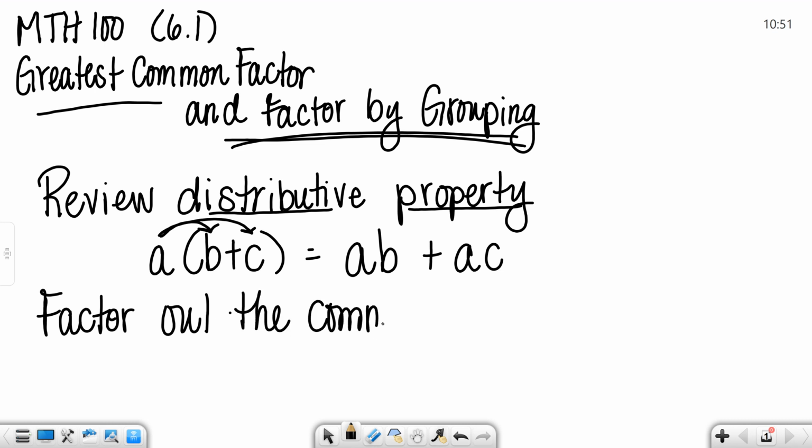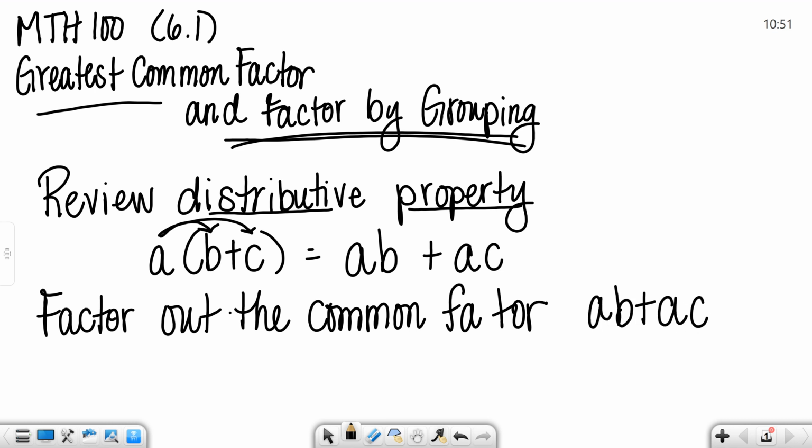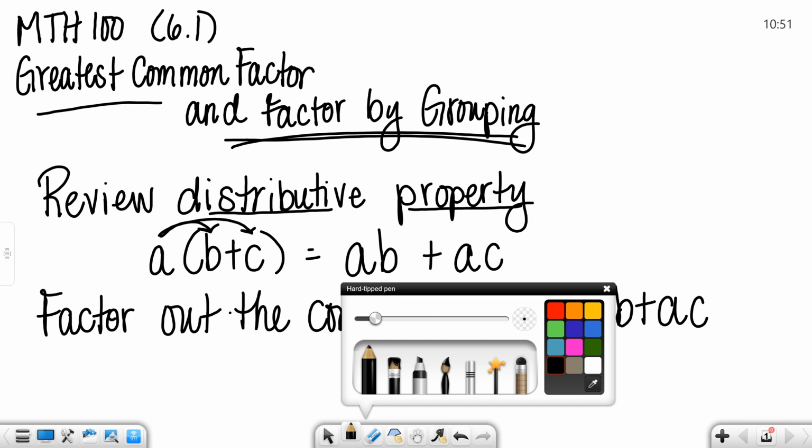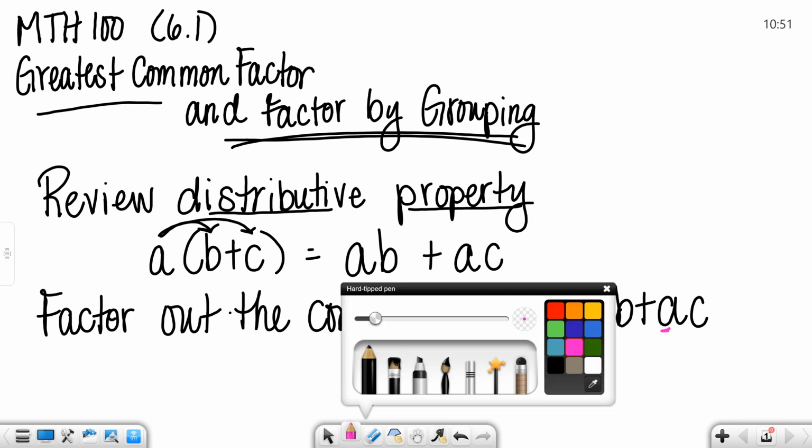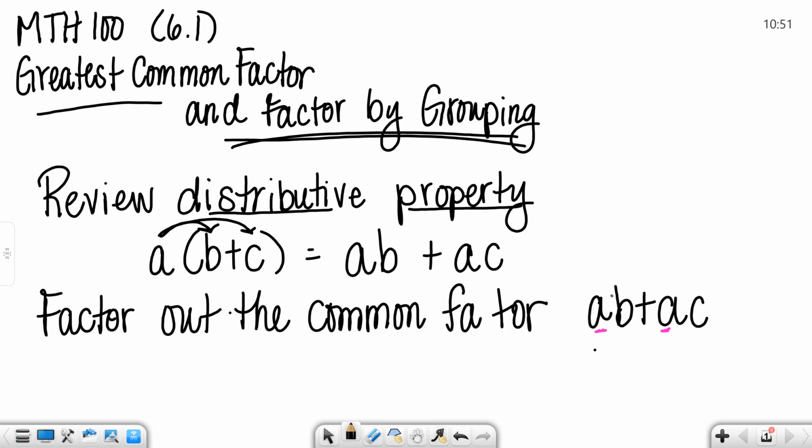Now we're going to factor out the common factor. We're going to use the answer that we got above after distributing. If we're asked to factor out the common factor, our common factor in this particular problem would be the A. So I pull it out front, and I factor it out using division.